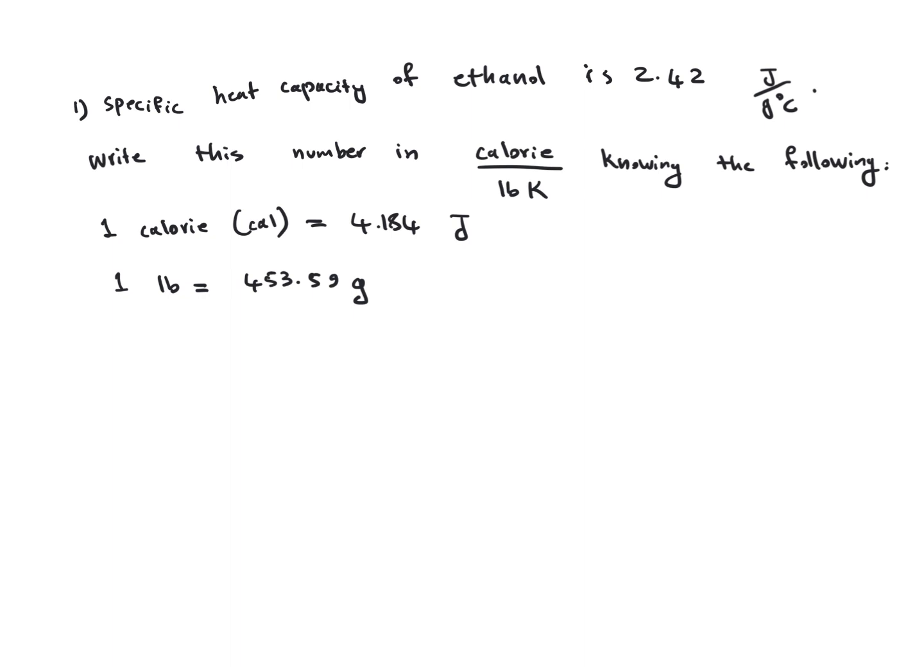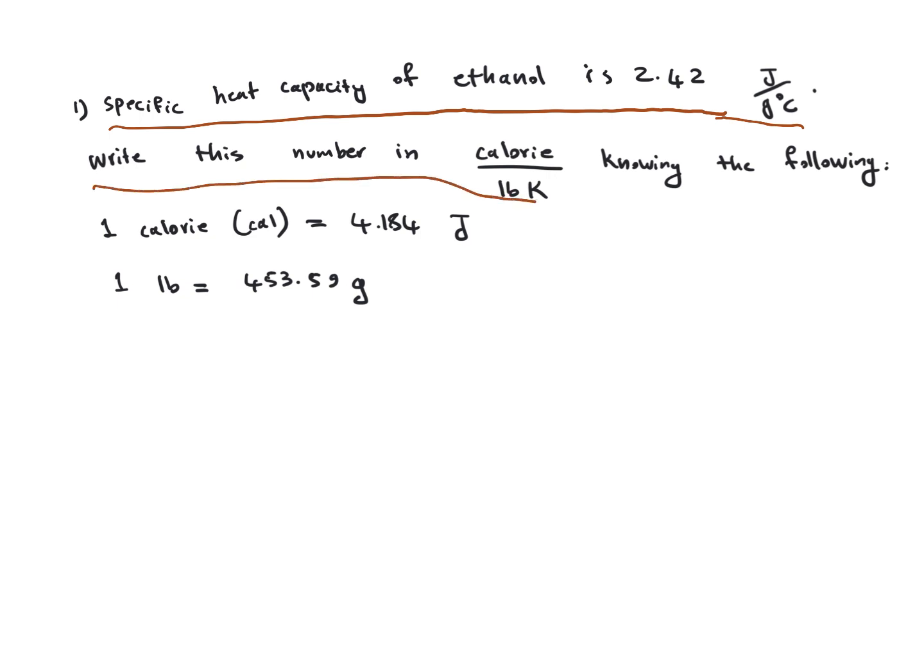Okay. The first question that I gave you in your homework assignment number 6 is about specific heat capacity and converting different units. It says the specific heat capacity of ethanol is 2.42 joules per gram per degree Celsius.